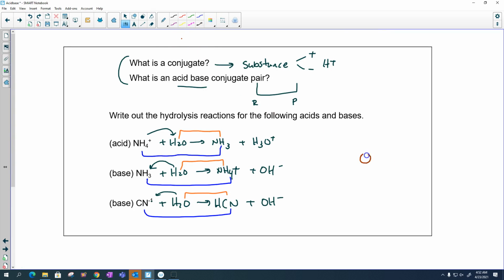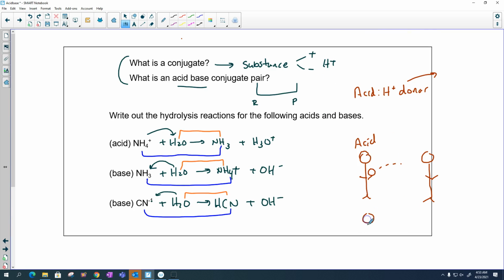Sometimes I use a basketball in class. If I have a basketball, I have the ability to give away an H, or the ball. An acid is often thought of as an H plus donor. It can give away the H plus. So if I take this ball and give it away to somebody else, before I was an acid because I had the ball. Once I give the ball to somebody else, now they have the ball and I don't.